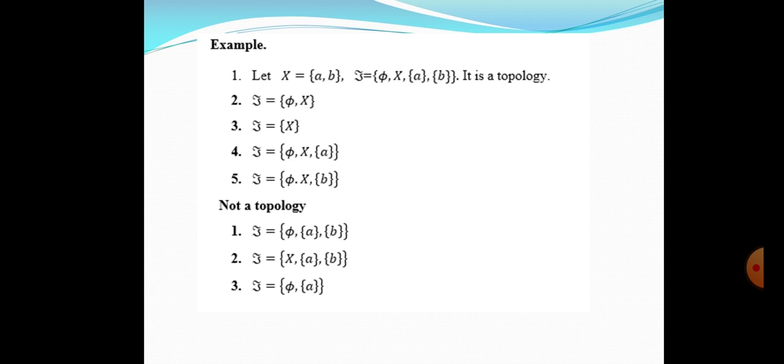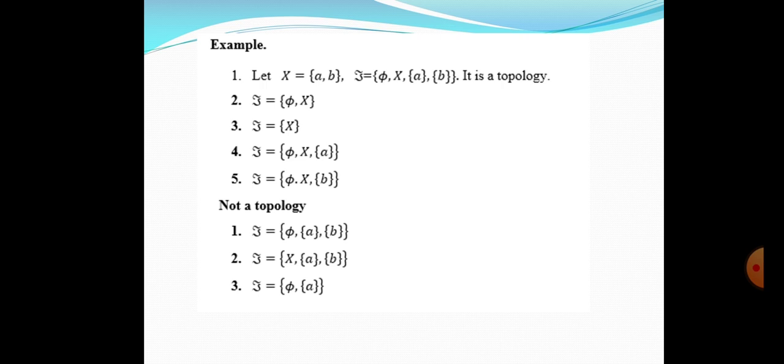Next, second example, tau equal to X, singleton set A, singleton set B. In this set, X is the whole set, but empty is not there. So first property, what is the first property? Empty, X belong to tau.